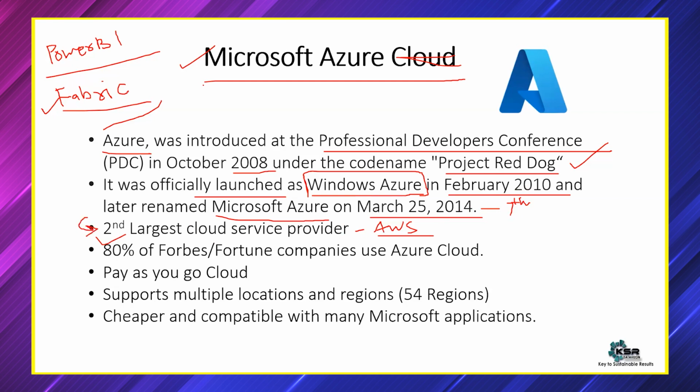Now, Microsoft would get a benefit somewhere. Why? Because take an example of Windows. Most of us use Windows. Yes, there are a few laptops and systems which work on Mac or Linux, but very few.